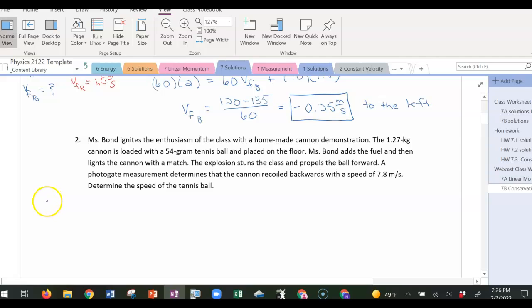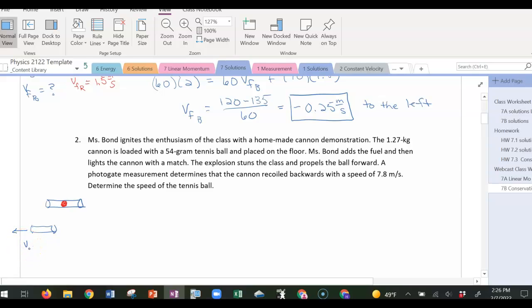So at the beginning, we had a cannon, and the ball was inside there, right? So they're together. But at the end, or after the explosion, the cannon moved back this way.